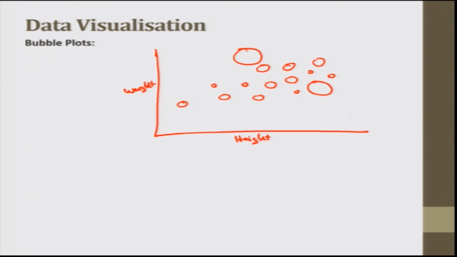Okay, I can put size of bubble equal to age of the worker. So bubble plots are used to induce a third variable.